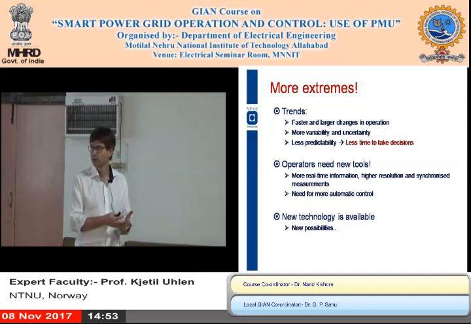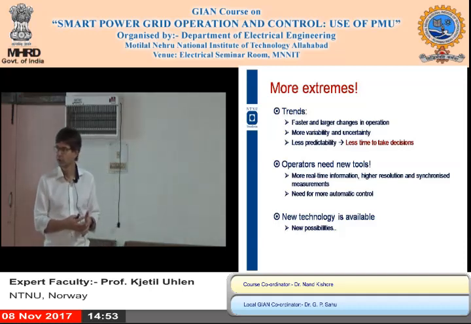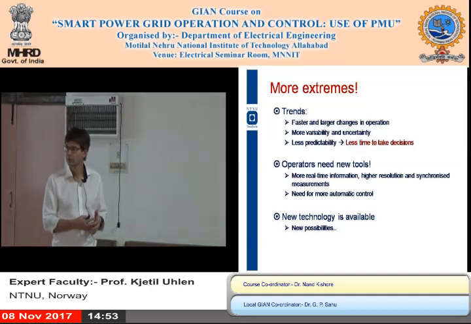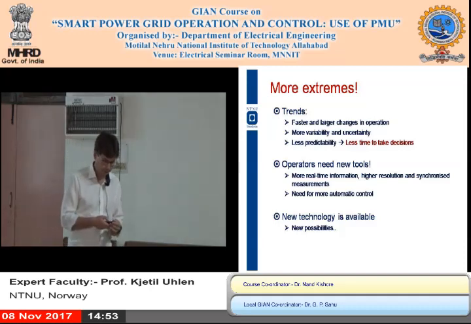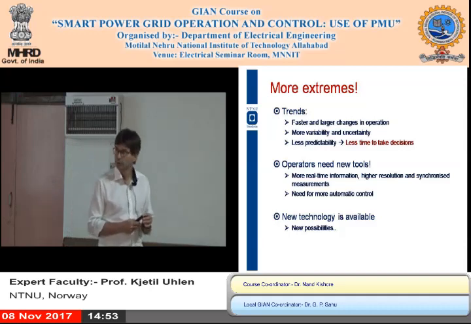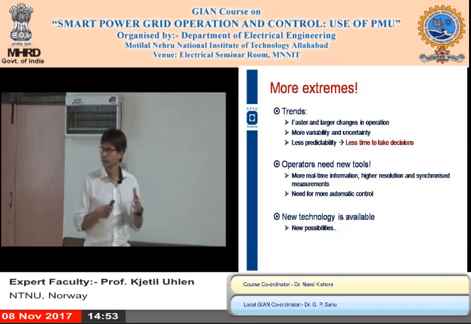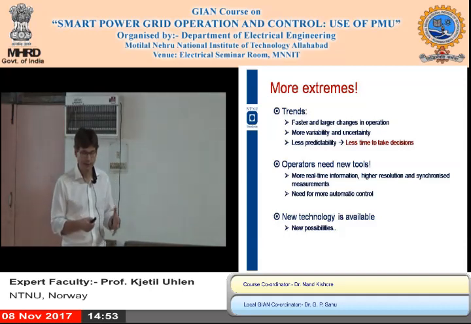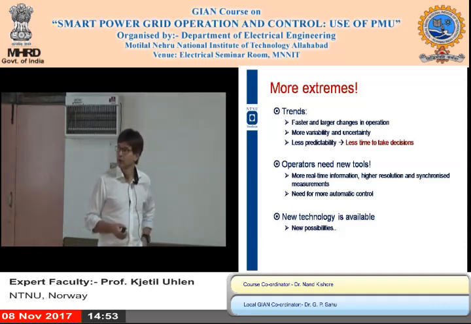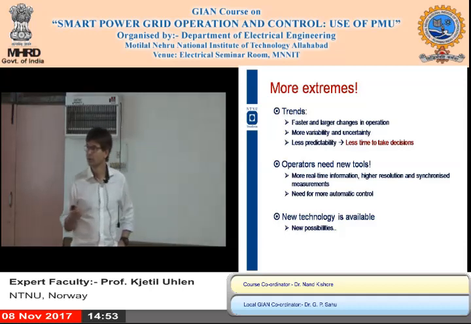That is why the operators need new tools, and that is why we are working on this. So in order to approach the need to take faster decisions based on uncertainty, we need more real-time information.